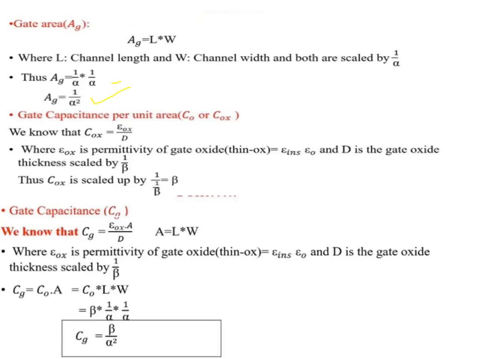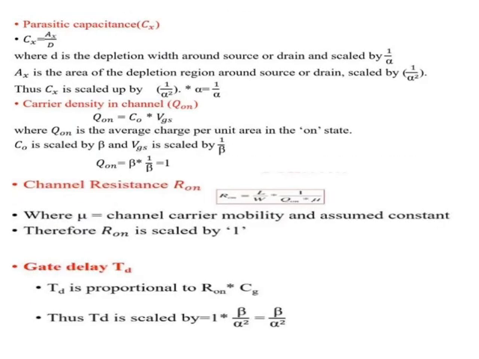We will be listing these different parameters in terms of alpha and beta. Parasitic capacitance Cx is given by Ax by D, where D is the depletion width around the source and drain, which is scaled by usually 1 by alpha.